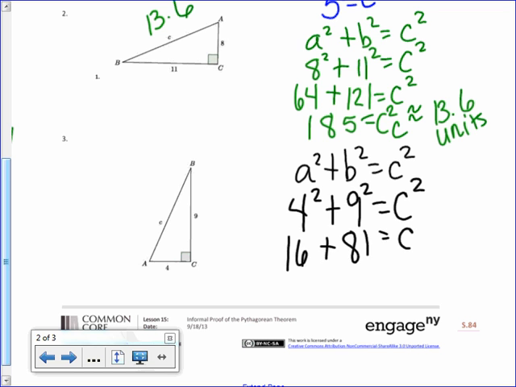That equals C squared. So let's add this together mentally. 6 plus 1 is 7. 8 plus 1 is 9. So 97 equals C squared. So C is the square root of 97, which is about 9.85 units.